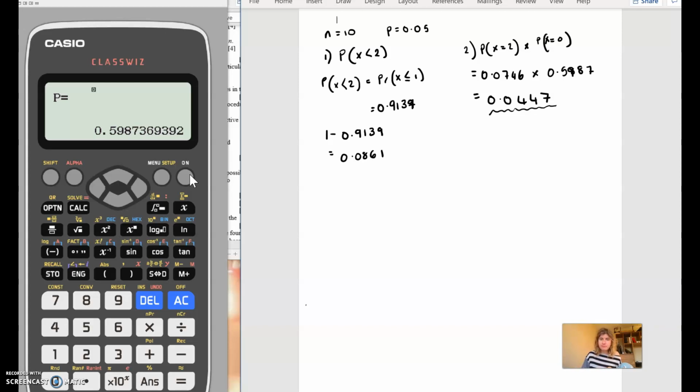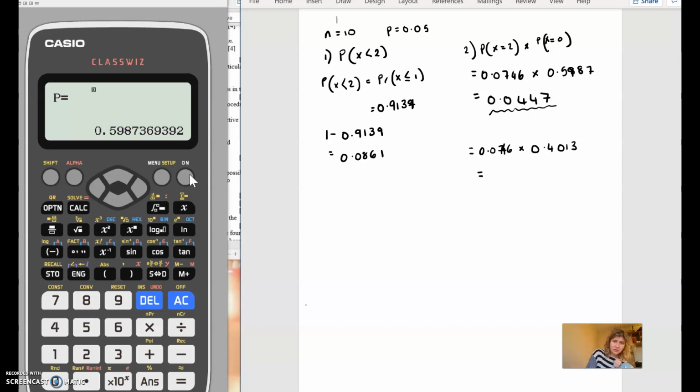But if we did have 2 that were defective, and then we checked and there weren't 0, we would have 0.0746 times 1 minus our 0.5987, which is 0.4013 probability.